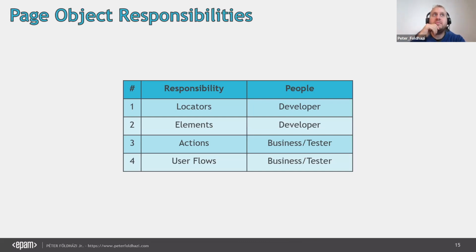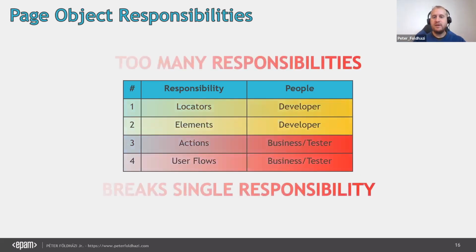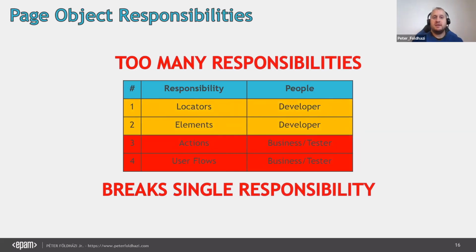But in my opinion, ultimately, if everything is done correctly, then the reason for change should come from testers because they are the ones who create the test scripts, right? Still, business might affect it, obviously. So that means that the single responsibility principle is broken by the page object pattern because there are at least two reasons for change in a page model.